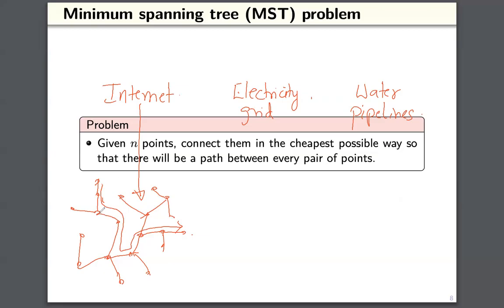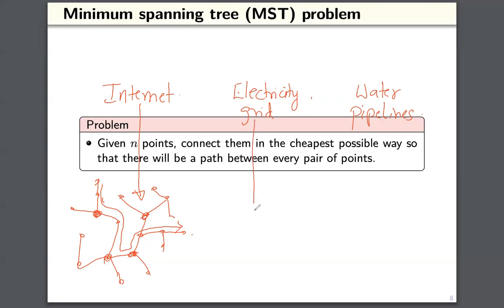And these can be considered as routers and so on. The aim is to minimize the total cost. Here, cost can be time, cost can be the real cost, the value, right? The money, right? It can be anything.